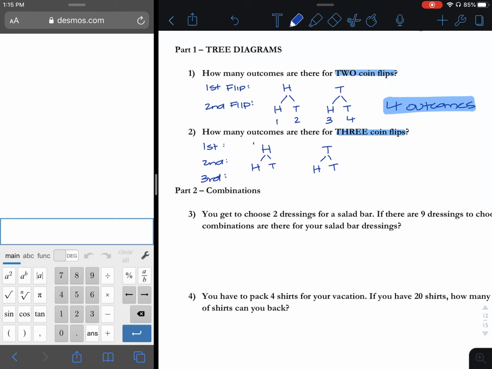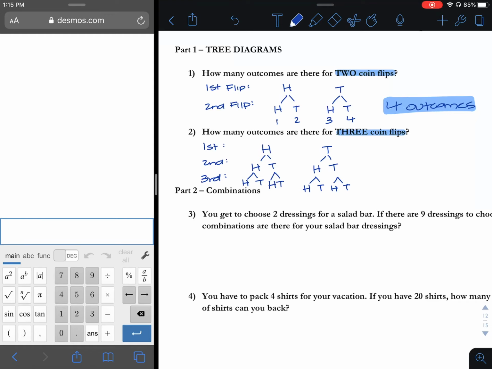I could have heads first, heads second. My third flip could be heads or tails. I could have heads first, tails second. My third one could be heads or tails. Hopefully you see a pattern here, heads or tails, and then heads or tails. This is specific because it's coin flips. If you're talking about other things, you would have different outcomes as well.